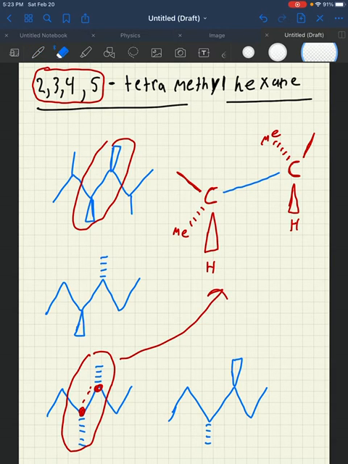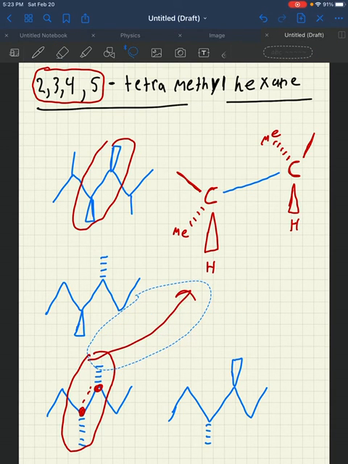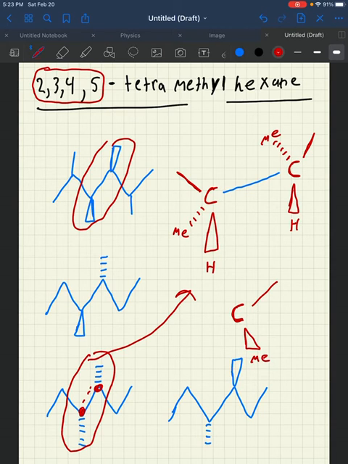Well, let's now look at it from another angle. Let's move this arrow right here. So what's this one gonna look like? Well, you're gonna have a carbon, and then you're gonna have your methyl group popping out at you.